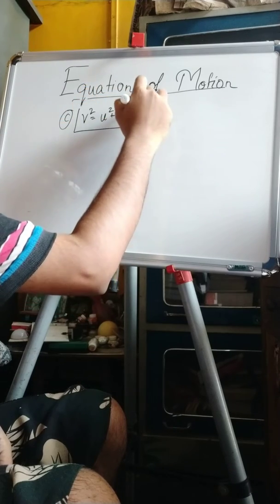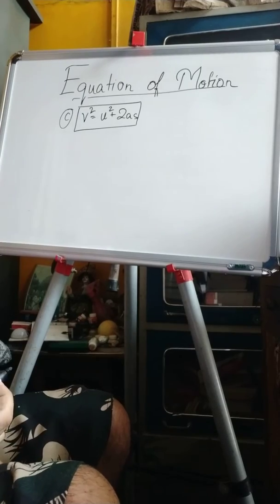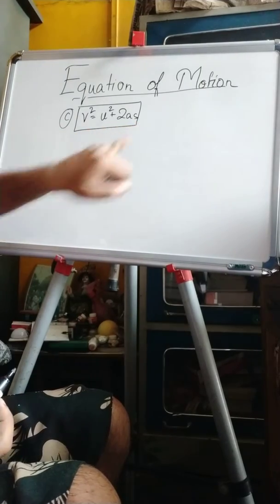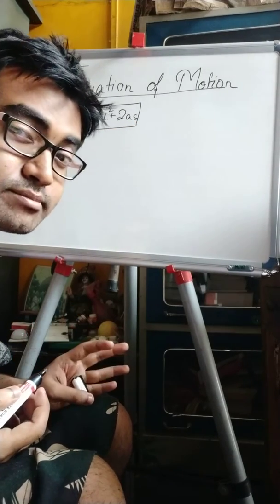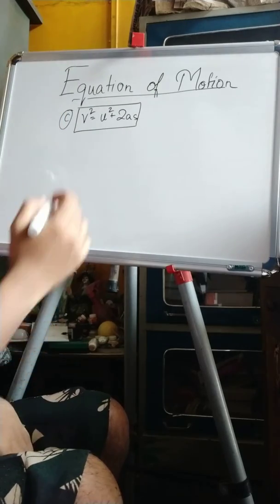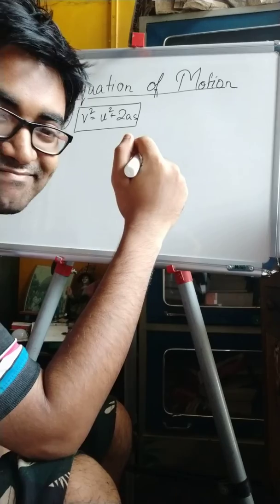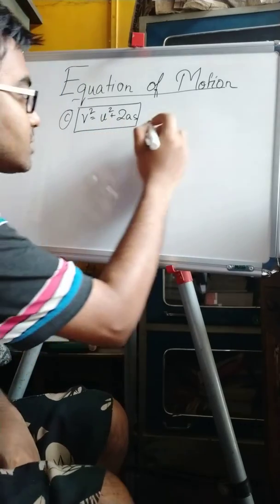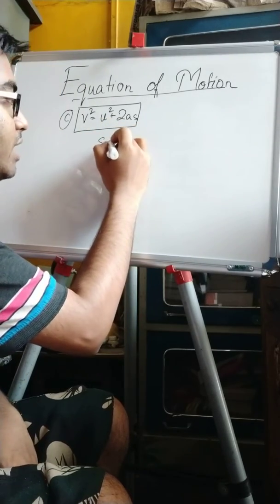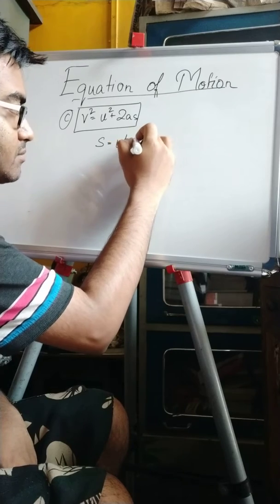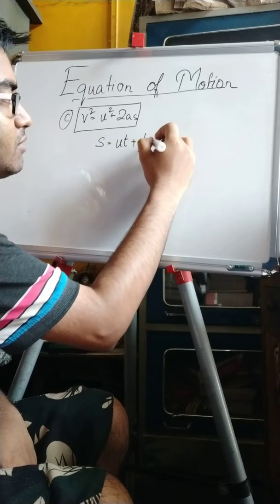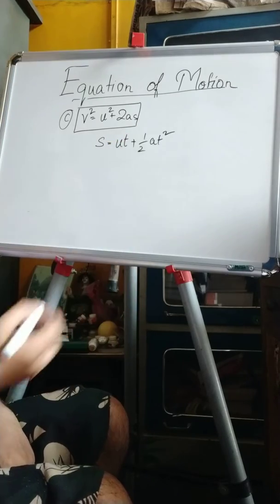This is the formula which we want. See, in this entire formula there is no place for time, so time should be eliminated. Now from the second equation of motion we got s equals ut plus half of at square.